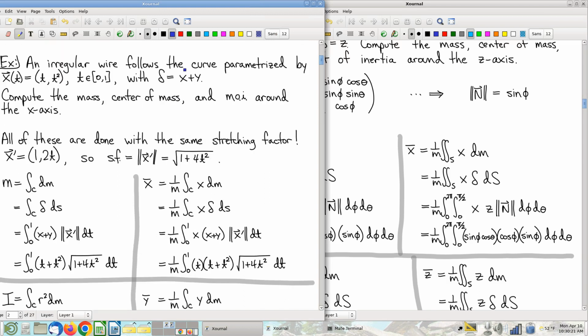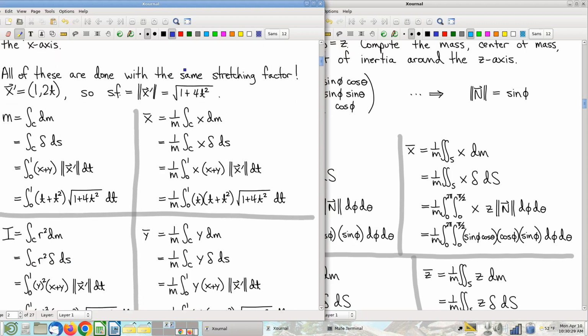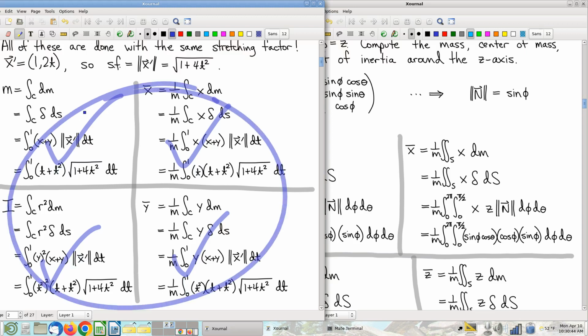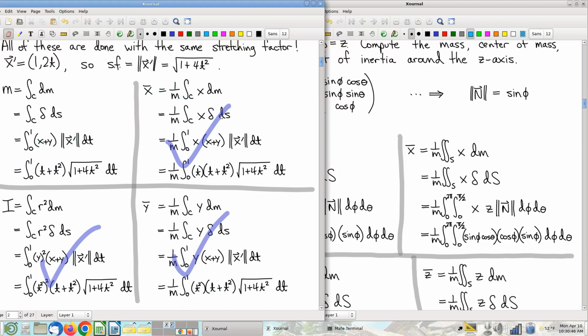I gave you some parameters for a particular curve with mass distributed by a certain density, and I wanted to compute various different things. And we did 4 simultaneous integrals because, after all, same curve, same parametrization, same velocity, same stretching factor, same density. A lot of the stuff was the same in all 4 of these integrals, right? So likewise, we're going to do the same thing now over here.